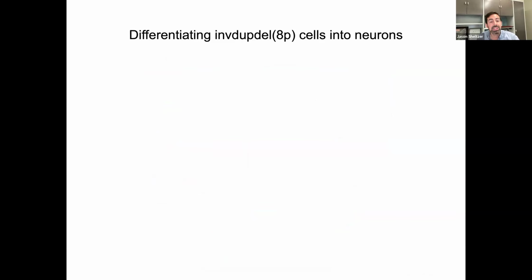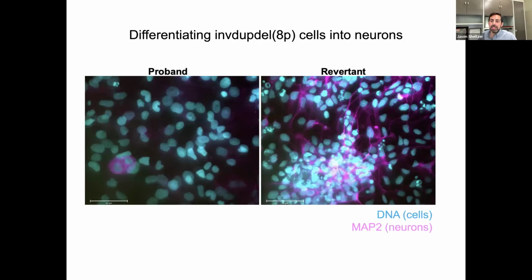So Stefan's group took these induced pluripotent stem cells with an inversion duplication deletion of 8p, or in which that rearrangement had been corrected and restored to euploidy, and they differentiated them into neurons. So these are microscopy images of the neural differentiation protocol that we completed.